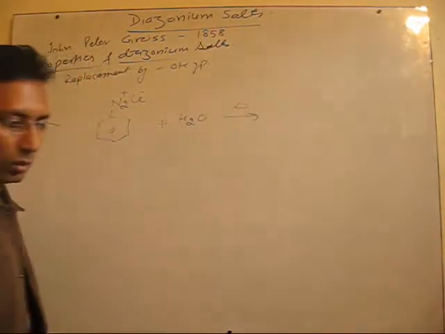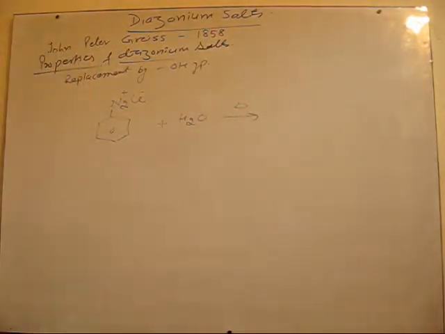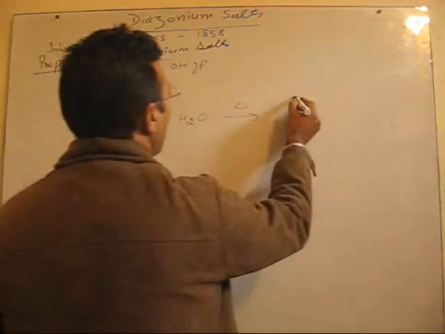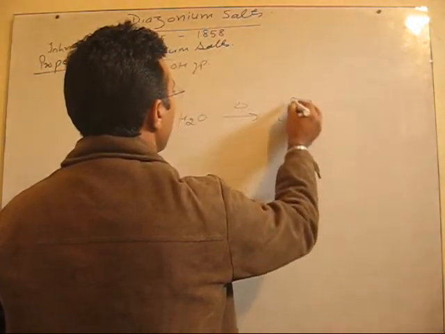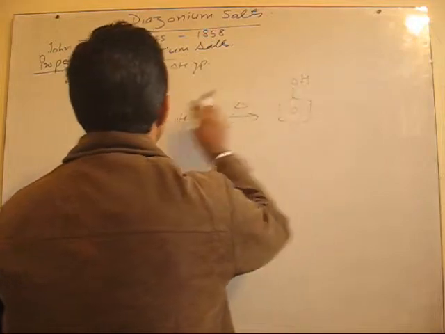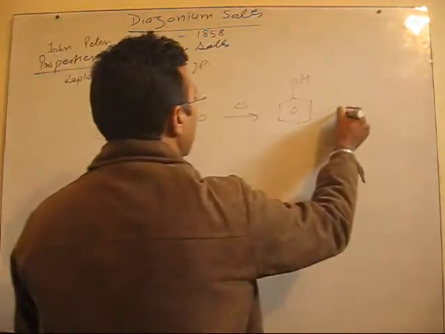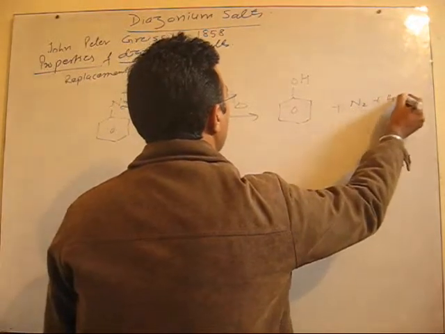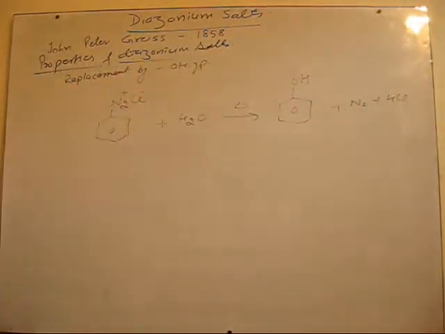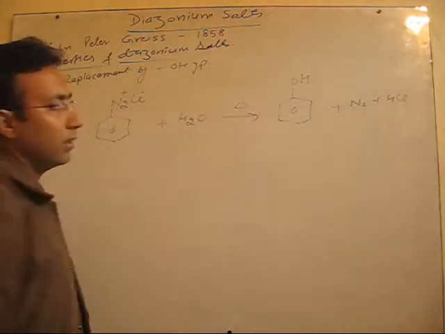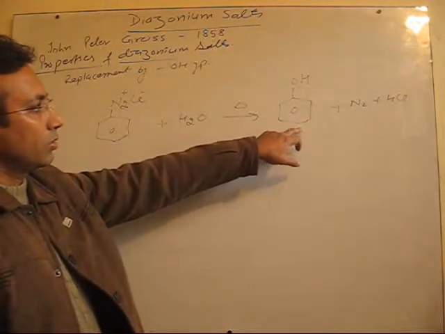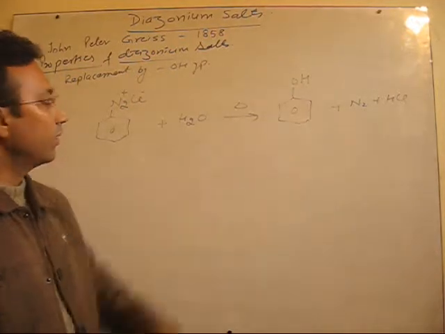You heat them with water, fine, then there is a formation of phenol, replacement of nitrogen by OH. Fine. So N2 and HCl. Fine. So this is also a very important reaction. Using diazonium salts, you have again got another category, that is you entered into the phenols family, you will get phenol.